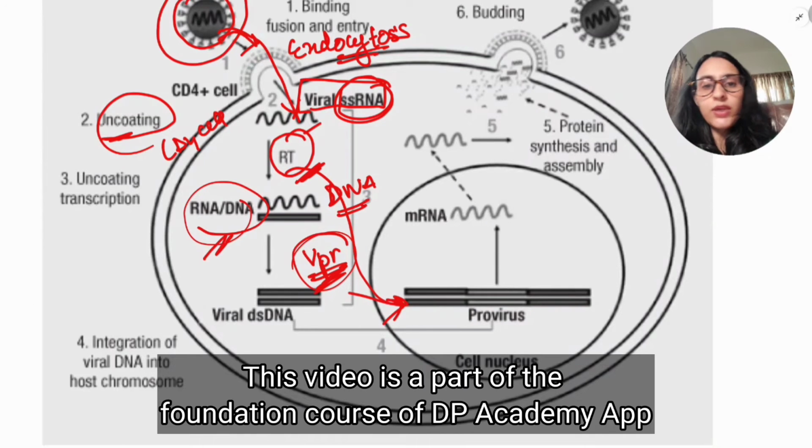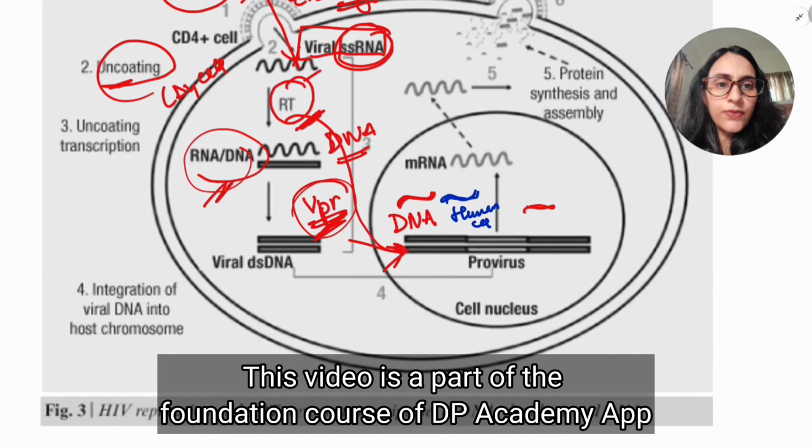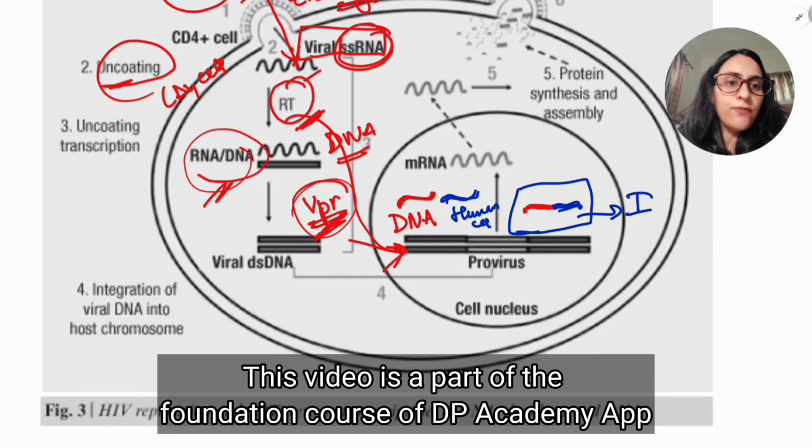Once it is taken into the nucleus, suppose this one is the DNA of the HIV virus and this is the DNA of the human cell. Then the DNA of the virus and the DNA of the human cell both integrate. This integration occurs with the help of the enzyme integrase.